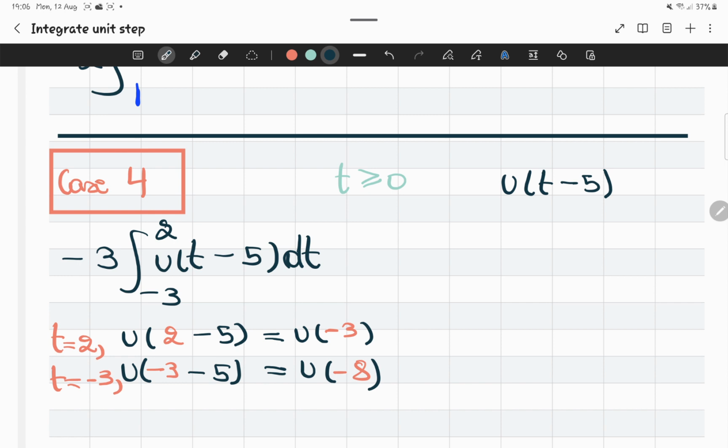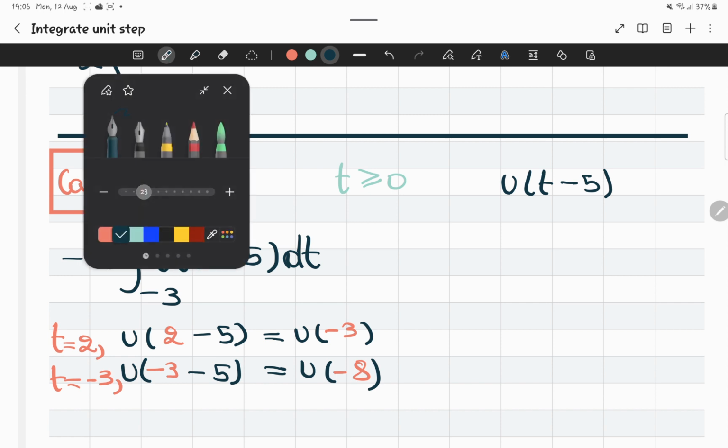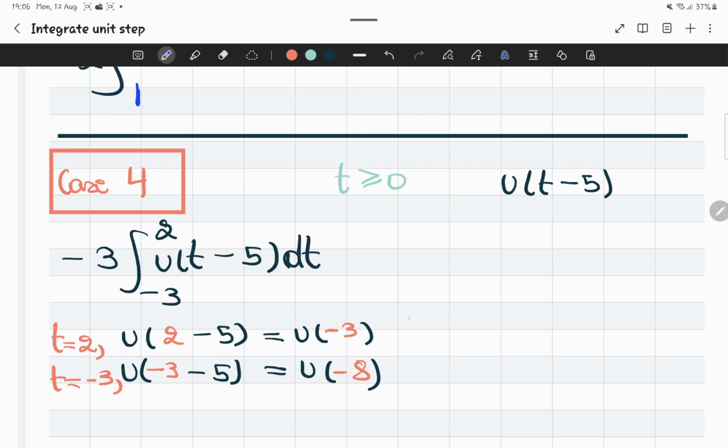Now if you check here, you're going to see that this one is rejected and this one is rejected.